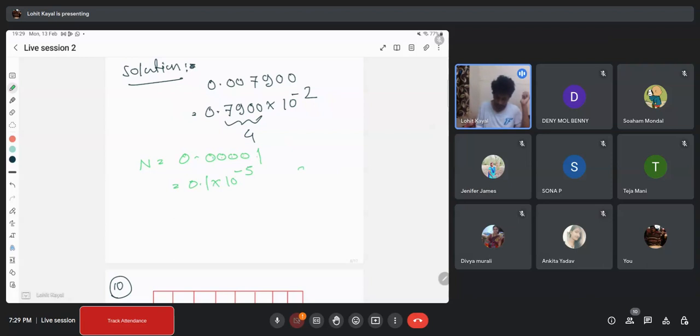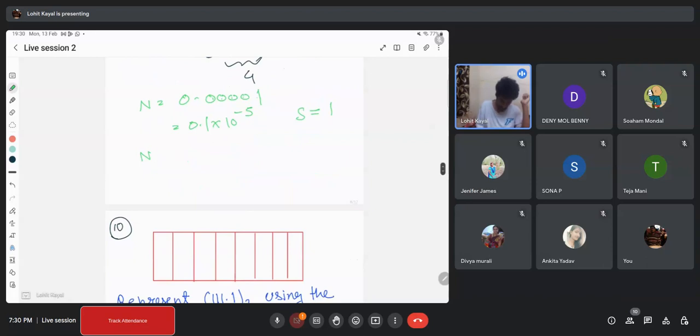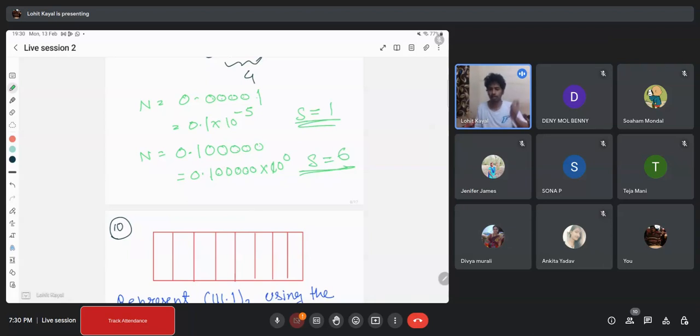Here the significant figure count is equal to 1 only. Now you have something like this, 0.100000. We can write it as 0.100000 into 10 to the power 0. Here your significant digits are 1, 2, 3, 4, 5, 6, so 6. Okay, I hope you understand now.